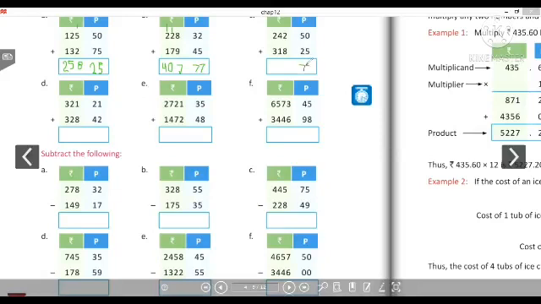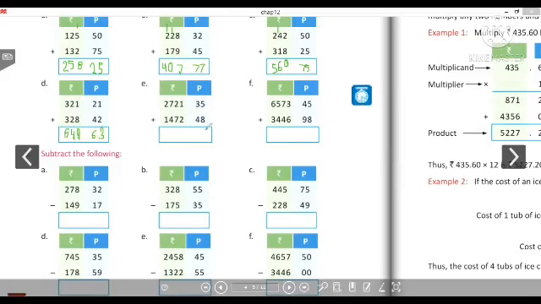Similarly, this will be 75. 8 and 2 is 10, 0 carry 1, 4 and 1 is 5, and 1 is 6. 3 and 2 is 5, 2 and 1 is 3, 4 and 2 is 6, 8 and 1 is 9, 2 and 2 is 4, 3 and 3 is 6.